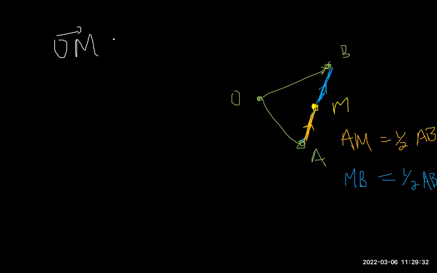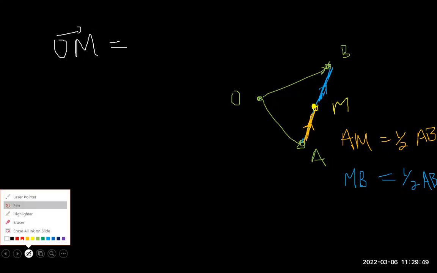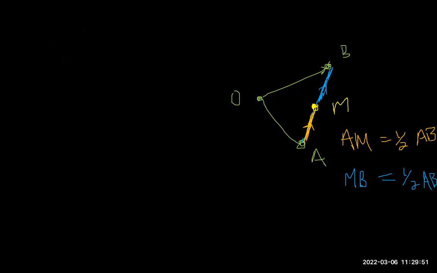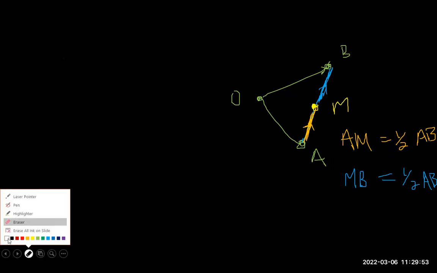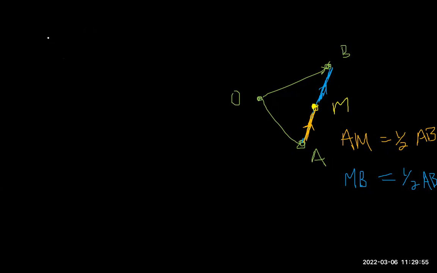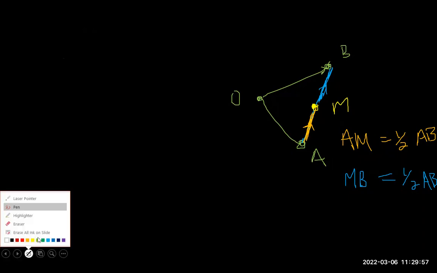So because I want to find the position vector OM, I would look for one of the vectors that has M in it. So I would actually use this one, right? AM has M in it, so I could actually use that. Let me do it like how I did it just now. So you could follow the same process if you ever encounter a question like this.